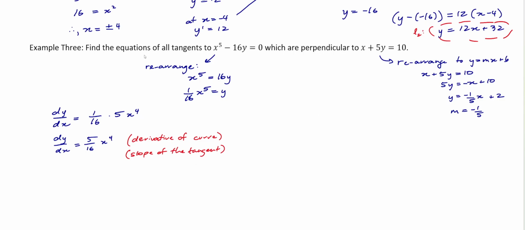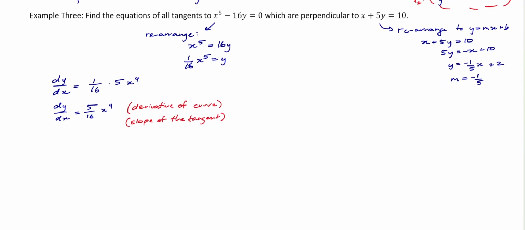No, but I know that the tangent has to be perpendicular to this line right here, and this line had a slope of negative 1 over 5. So therefore, dy over dx, the derivative, must be equal to 5 if perpendicular to x plus 5y equals 10.